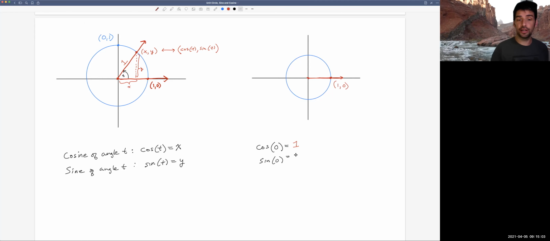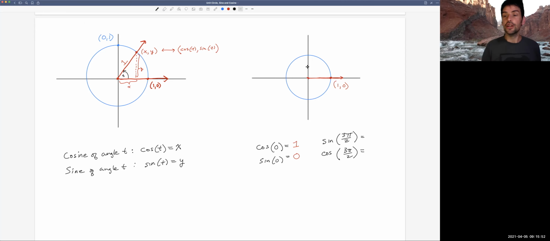I'm going to always deal in radians unless I note otherwise. I would put degrees next to it if this was in degrees, that little tiny circle, or just write the word degrees. So in radians, remember all the way around is 2 pi. So a quarter of the way around is a quarter of 2 pi, or pi over 2.